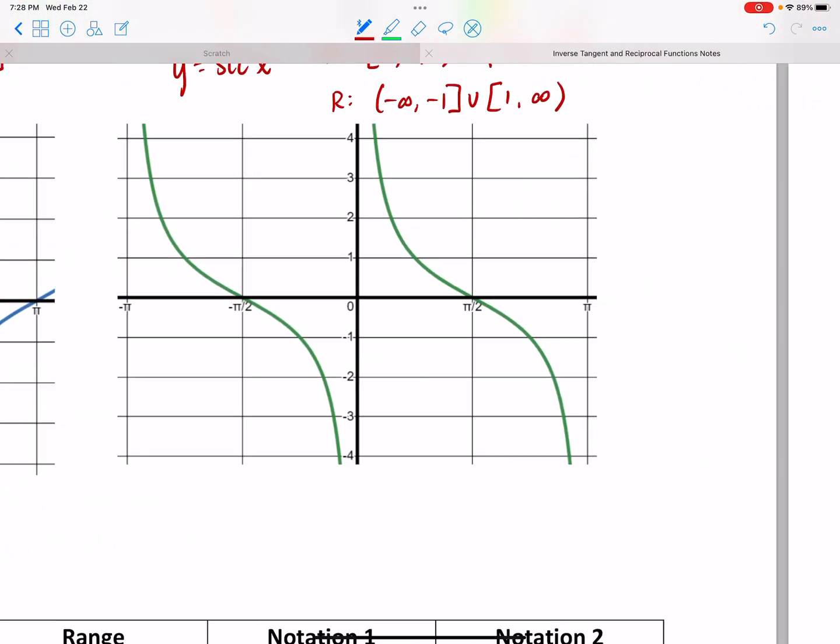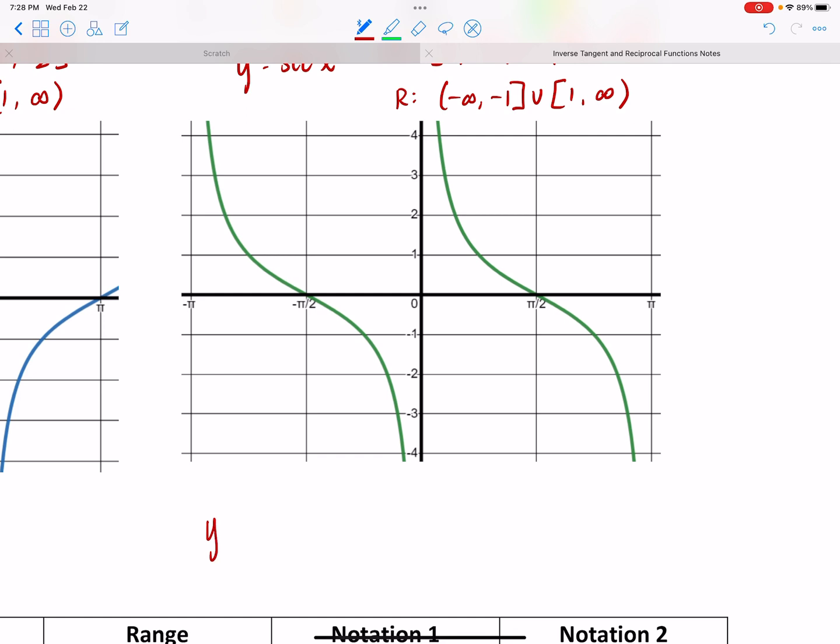Again, we know this as y equals the cotangent of x. We don't want the cycles over and over and over, right? So we have an asymptote right here at 0, so I can't start there. But I could start here and then continue following this branch to capture every output that's possible for my cotangent function.